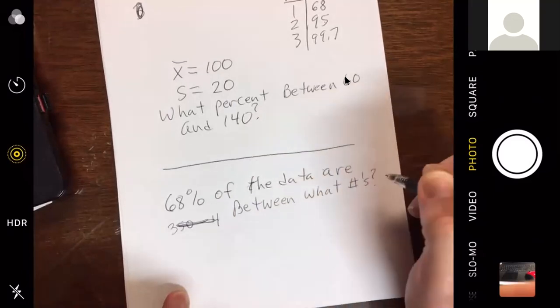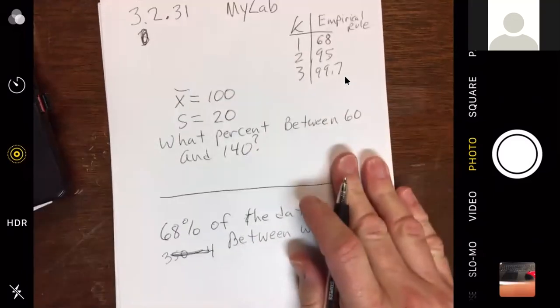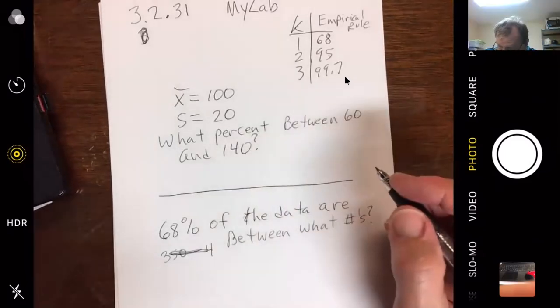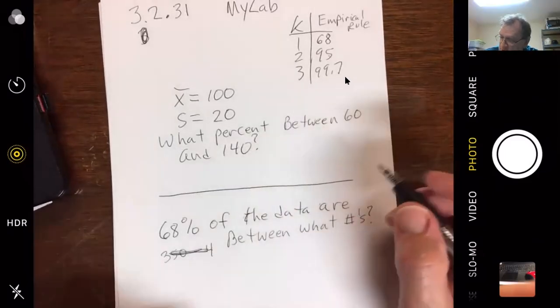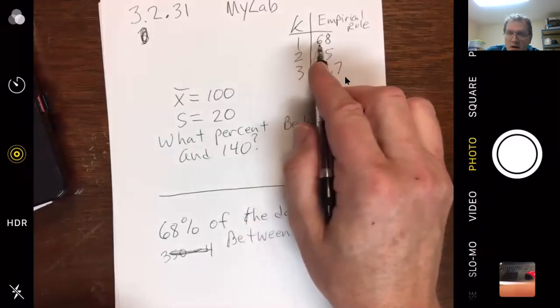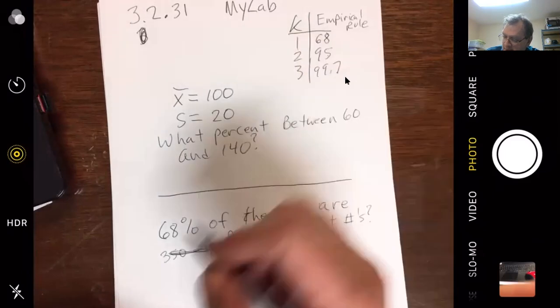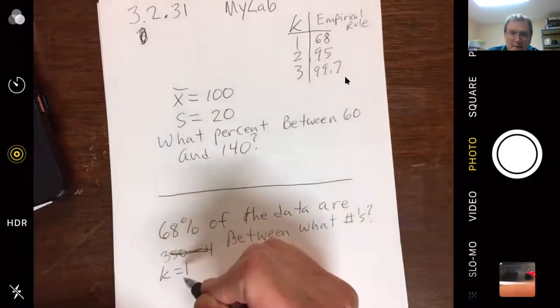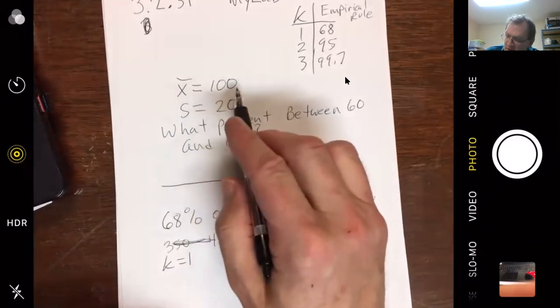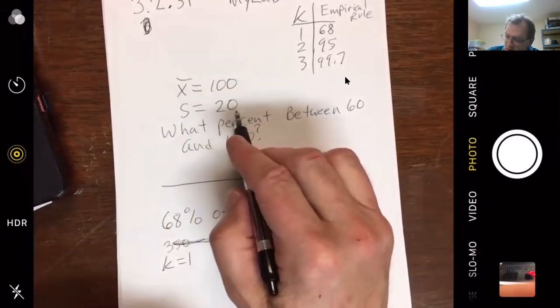So actually that question has parts A, B, C, D. Okay, well, if they give you something like this, do you see how they're pointing you to row 1 here? And K equals 1. I don't know the exact numbers. They have to give you a mean and a standard deviation.